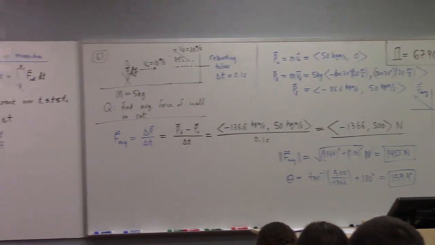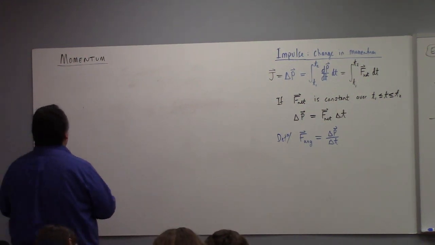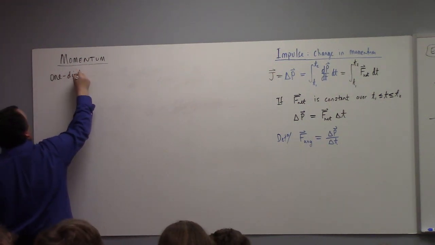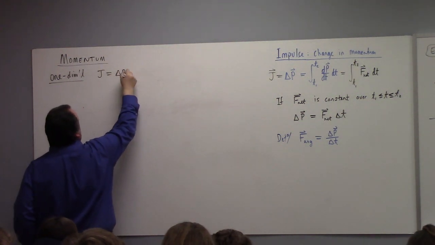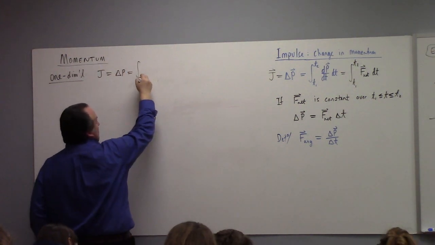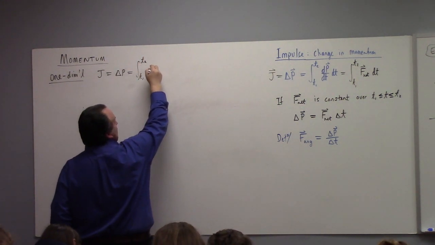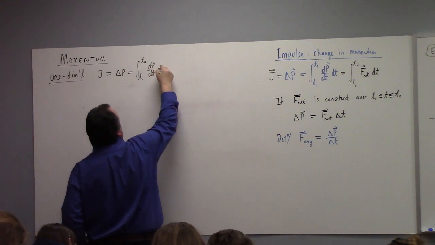All right, so if we're one-dimensional, for the impulse we could drop the vector and just say J. So in the one-dimensional context we could just write J, the change in p, the integral from t1 to t2 of dp/dt, there's just one component.